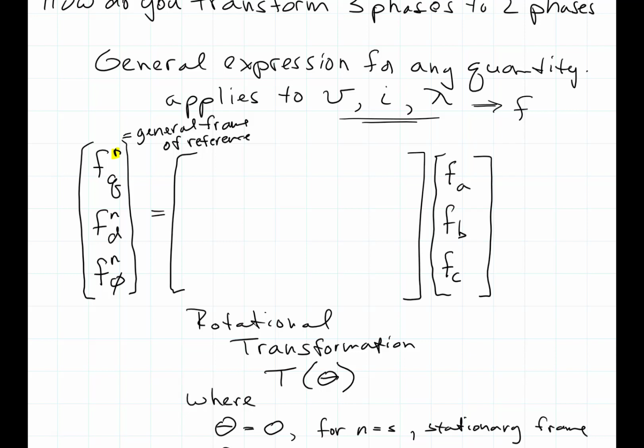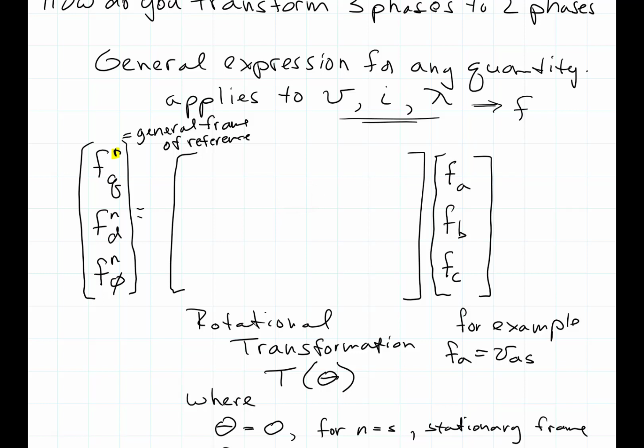So, for example, we're talking at this point about F sub a being equal to V a of the stator, V sub as. So the transformation matrix is this. First of all, there's a multiplier on the outside.